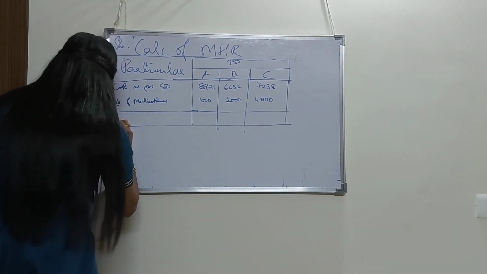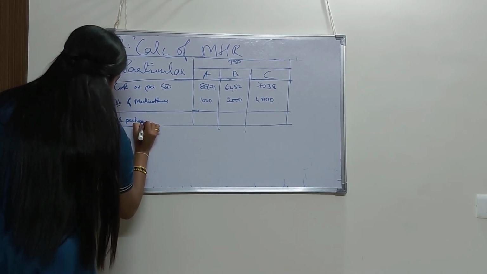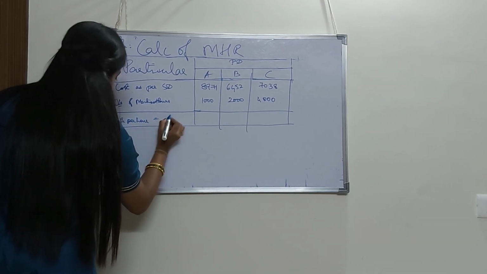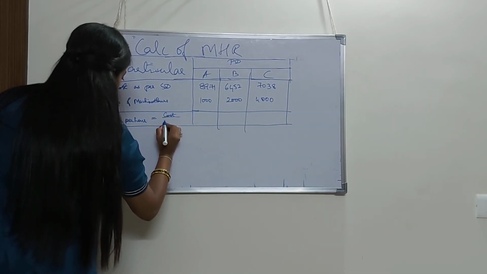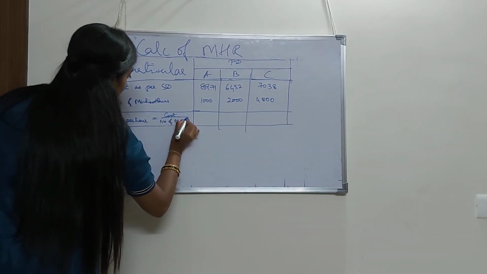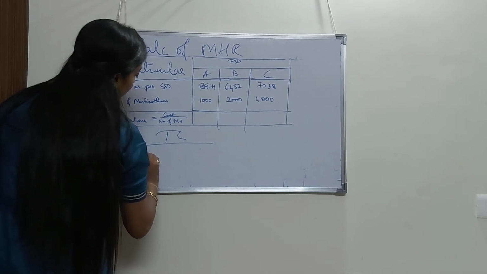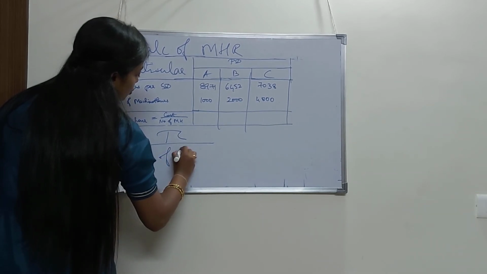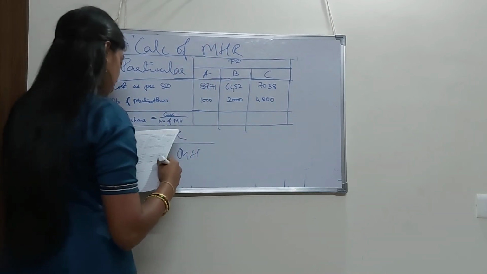So the formula for machine hour rate calculation, rate per hour: machine rate or rate per hour is equal to cost divided by number of machine hours. Total cost divided by number of machine hours would be the machine hour rate.